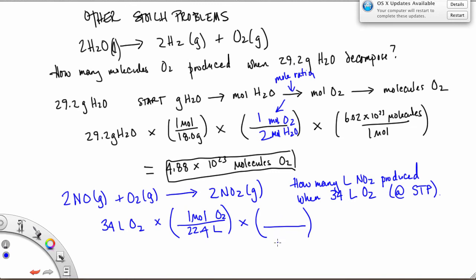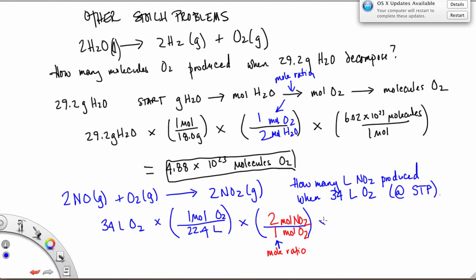This is where I'm using my mole ratio here. So I want moles of NO2, and I'm canceling out moles of oxygen. From my balanced chemical equation, I have 2 moles of NO2 for every 1 mole of oxygen. There's my mole ratio.